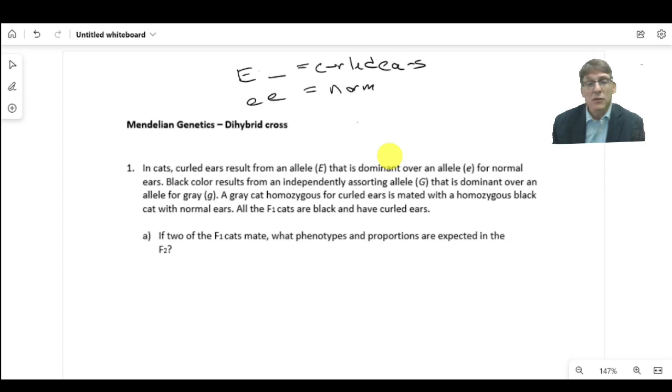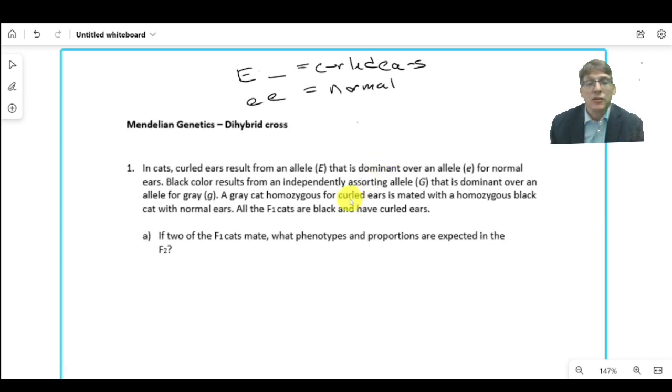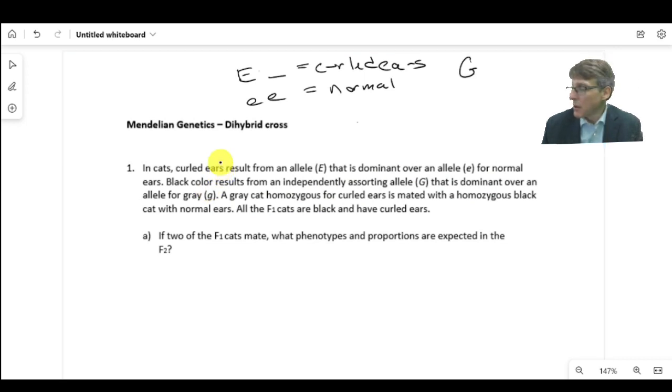Then we're also told in this problem that the gene that's assorting independently, we're going to call G, that the black color allele for this gene, big G, is dominant over the gray allele, little g. So if we have big G with anything, we have a black cat, and if we have little g, we have a gray cat.